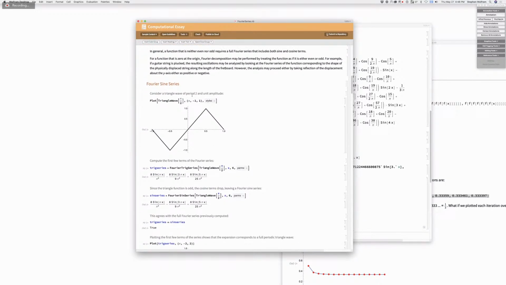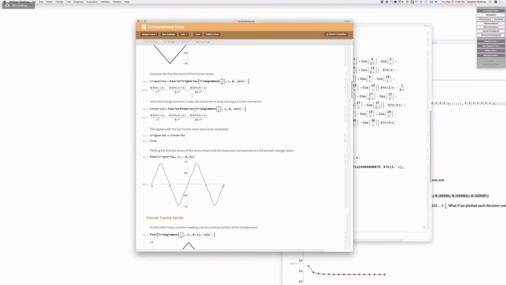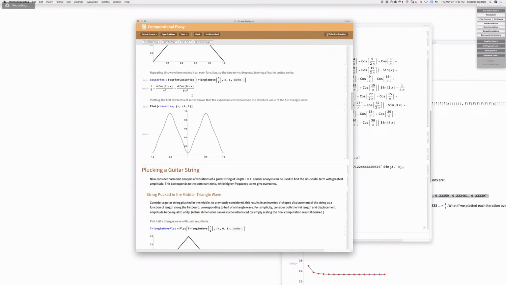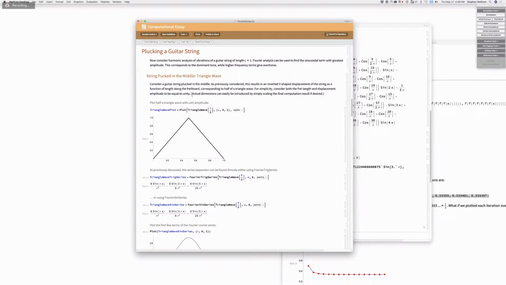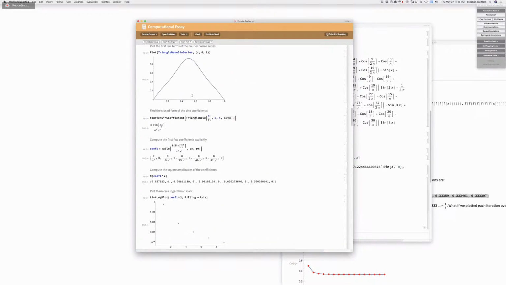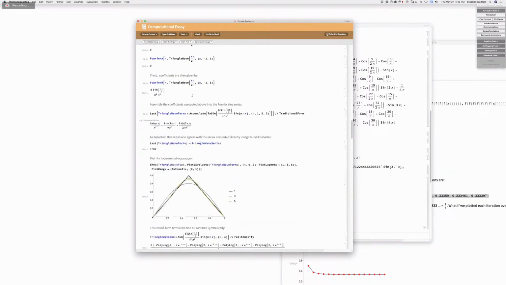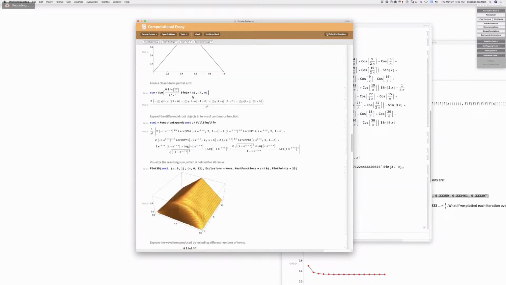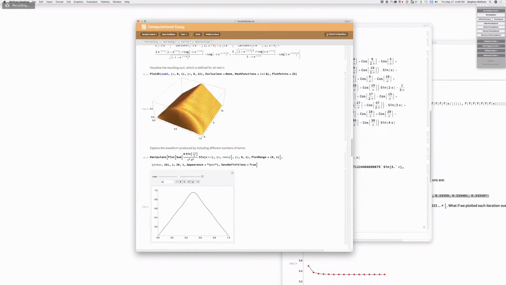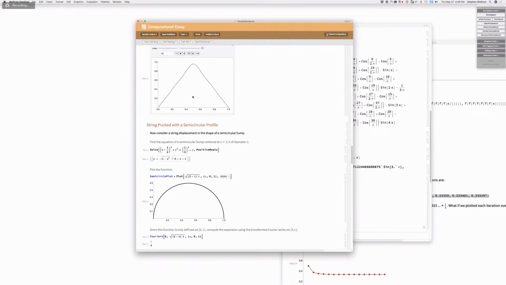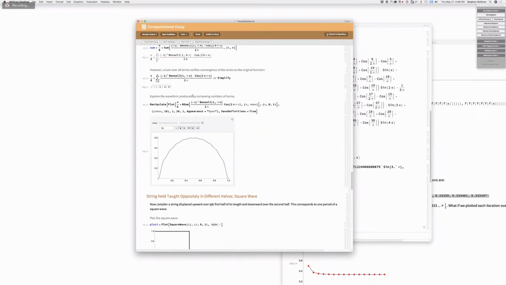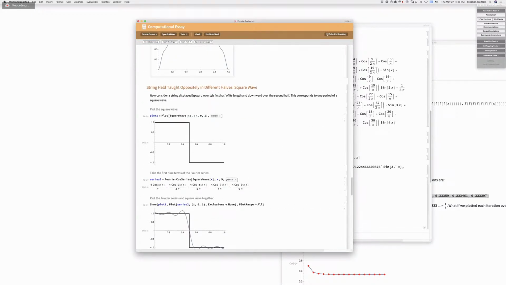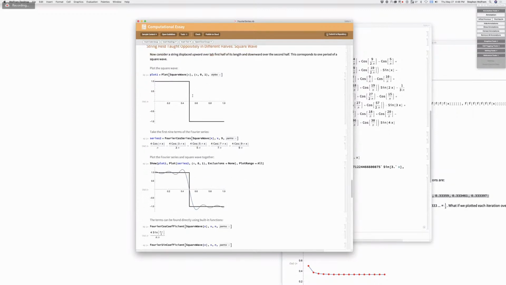There's your triangle wave or square wave or whatever. Yeah, well, this isn't bad. Again, this is interesting. This looks pretty good. There we go. Finally, the square wave.